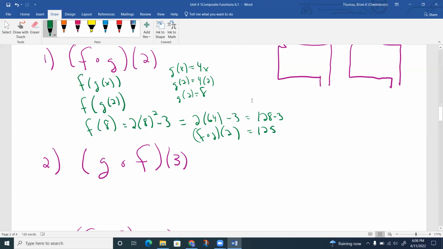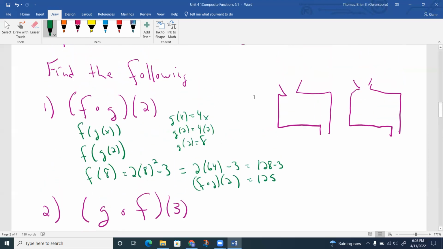Now, this here is what we call our function model. So I'm going to call this g of x here, and this is going to be f of x over here. Notice that to evaluate this, we first have to evaluate g of 2. So 2 has to be fed into this function, and this function says multiply the 2 by 4. And 4 times 2 becomes 8.